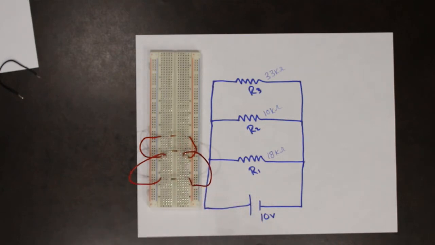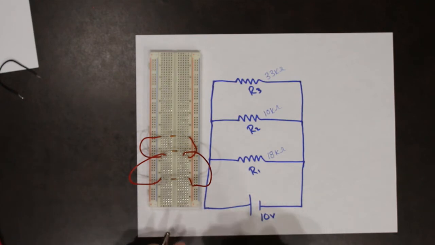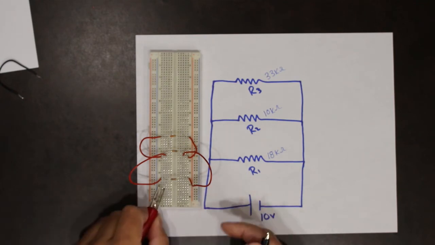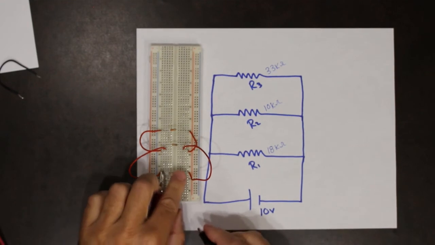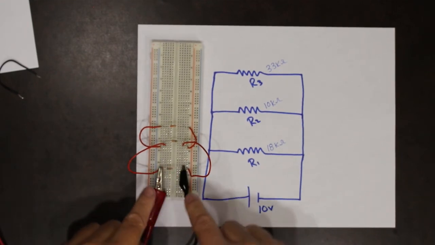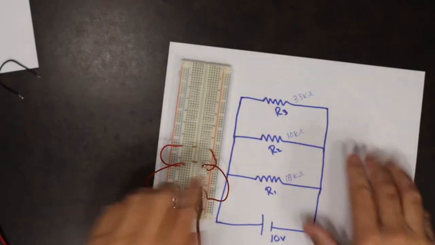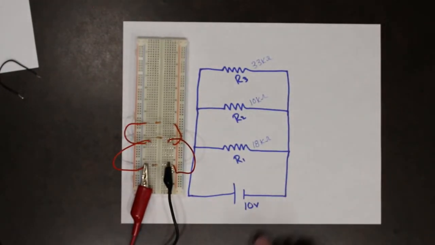So now I'm going to apply my voltage. So I've got 10 volts, and I'm going to apply my 10 volts to that circuit. So the 10 volts is getting fed to all 3 of those resistors.